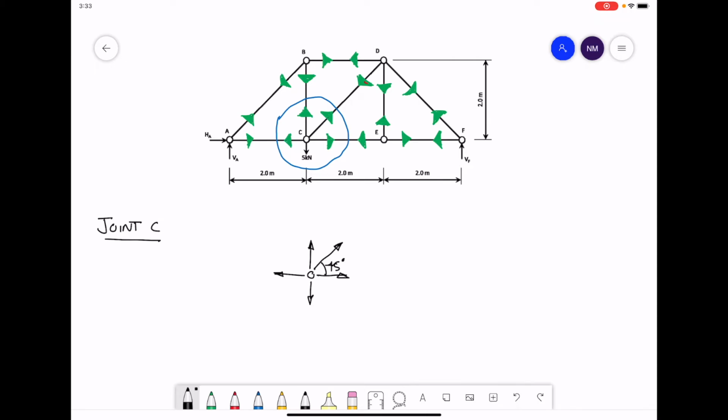Labeling these forces, we have 5 kilonewtons acting downwards, force CE to the right.